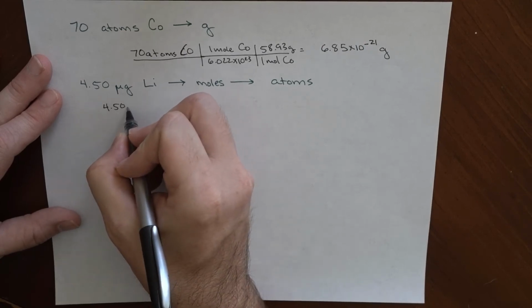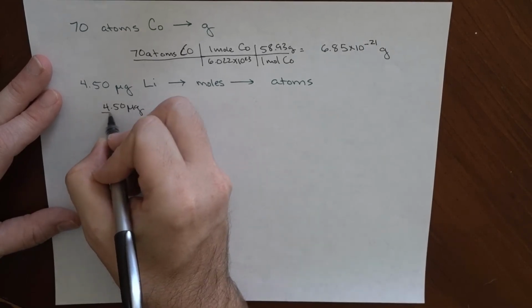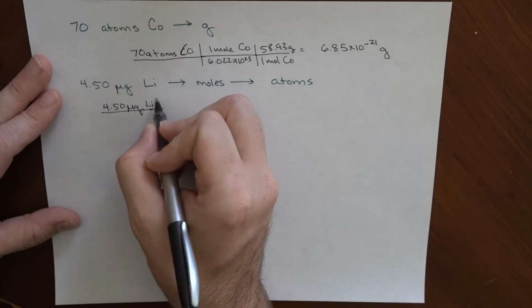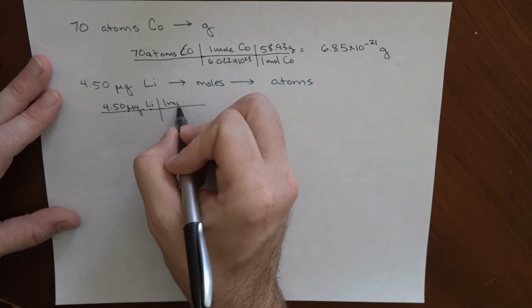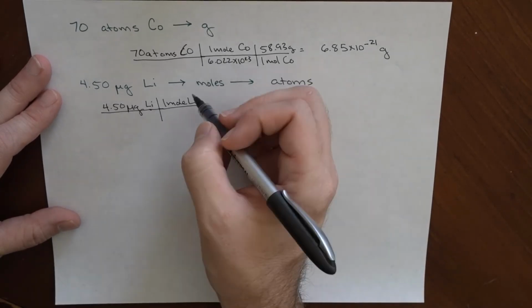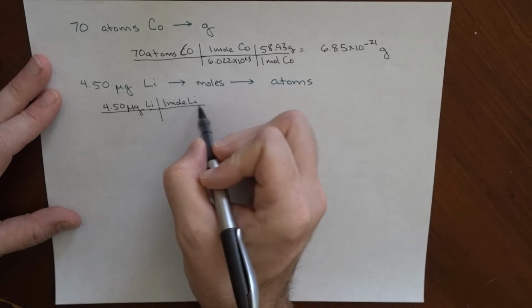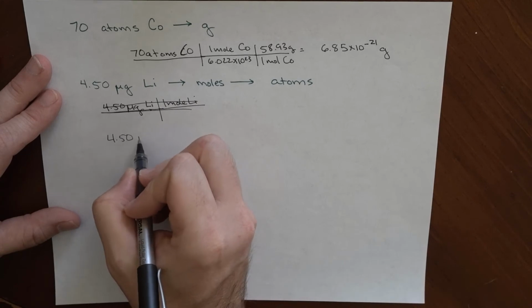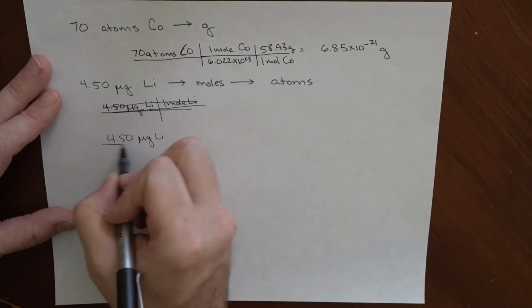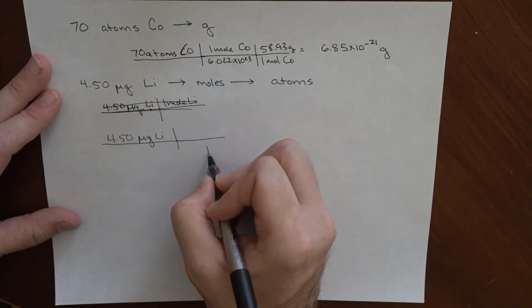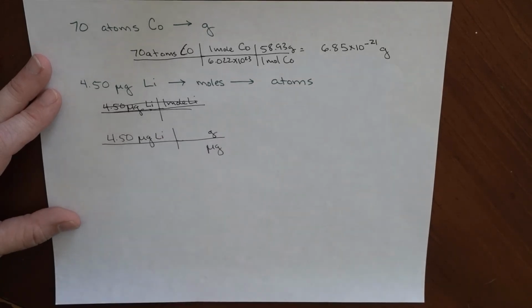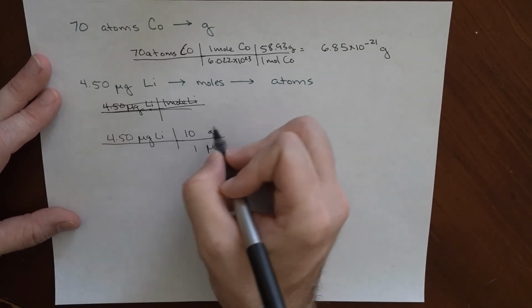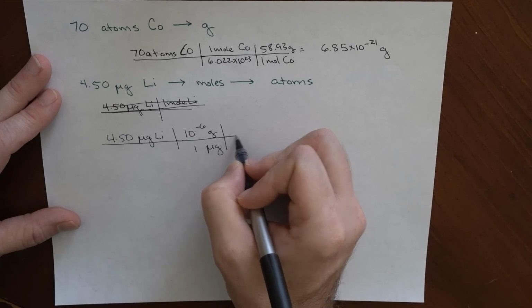So 4.5 micrograms of lithium, a mole of lithium, well, I'm getting a little ahead of myself, aren't I? Let's start this again. 4.5 micrograms of lithium, a microgram and a gram have a relationship. 1 microgram is 10 to the minus 6 grams.